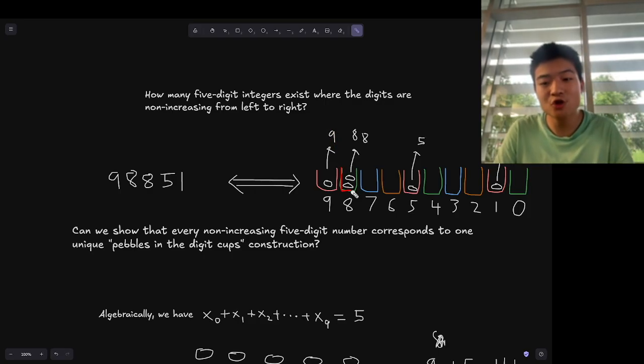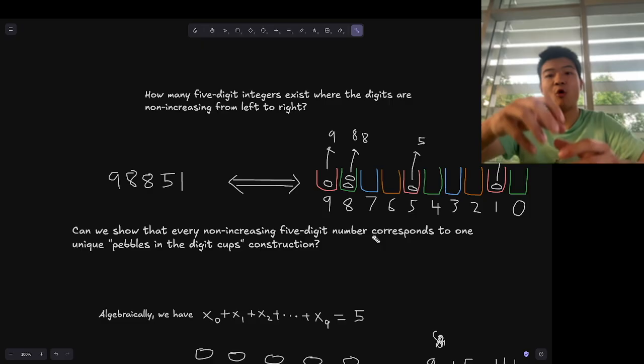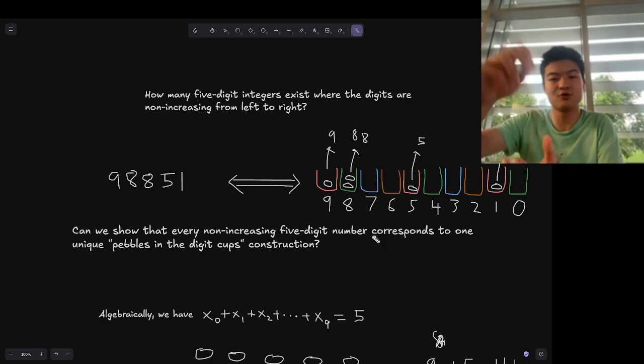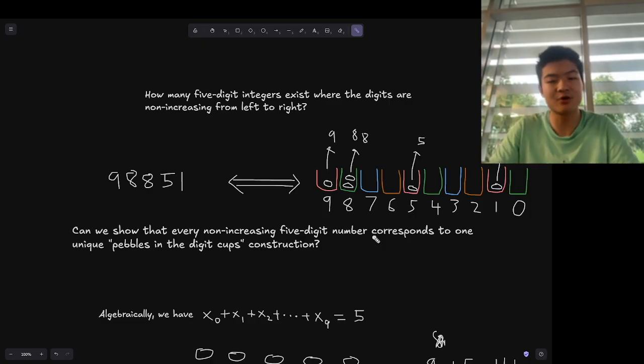Similarly, there are 2 pebbles in the bucket labeled 8. Imagine pulling out these 2 pebbles and magically turning them into the numbers 8 and 8. Do the same for 5 and 1. Pull the pebble out of the digit cup and turn that pebble into the digit of that digit cup.